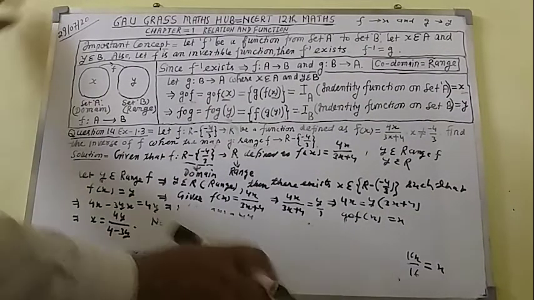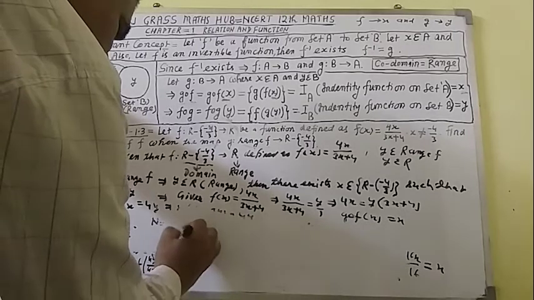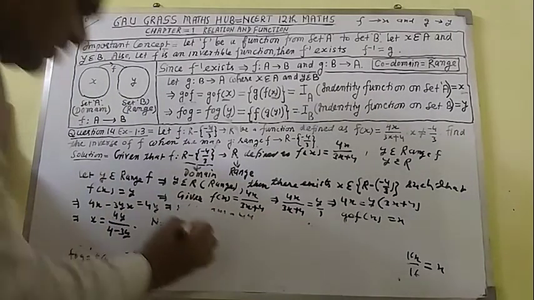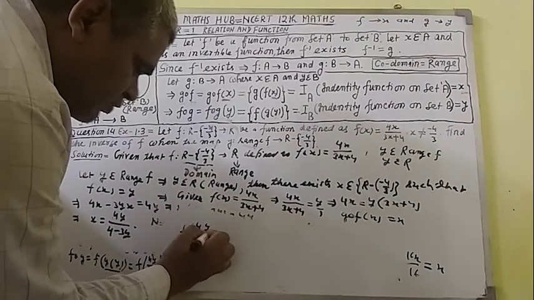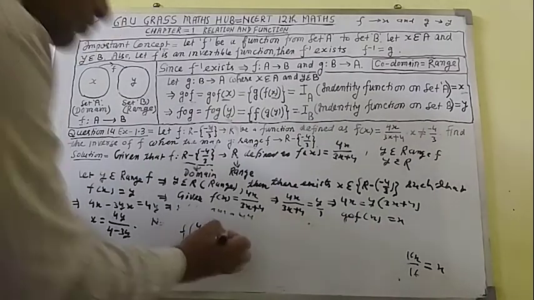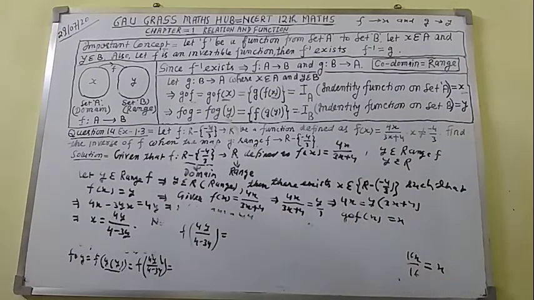So what will we do here? Here you have f in bracket 4y over 4 minus 3y equal to this.